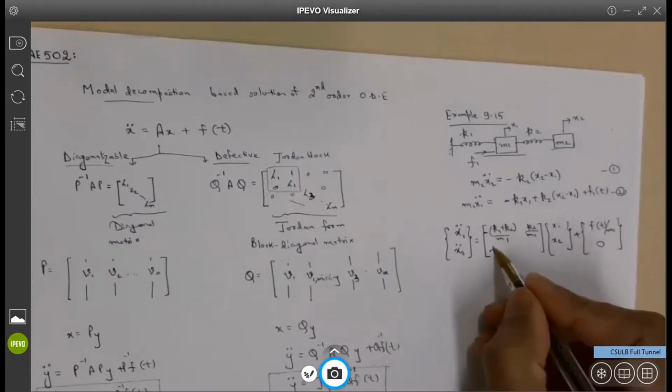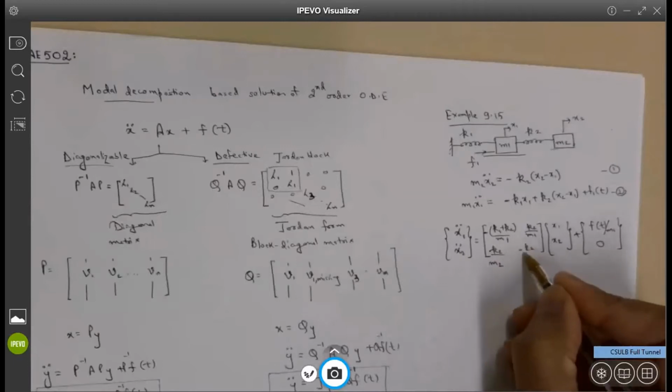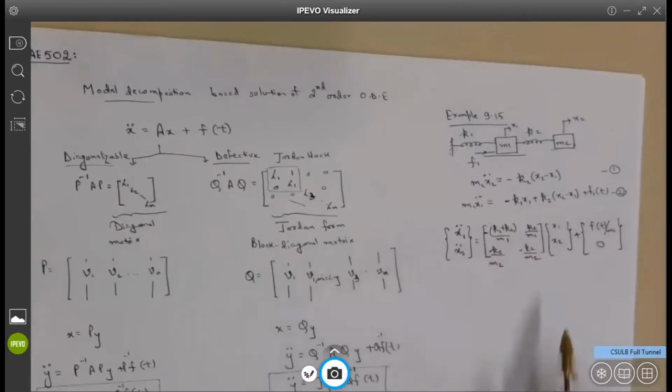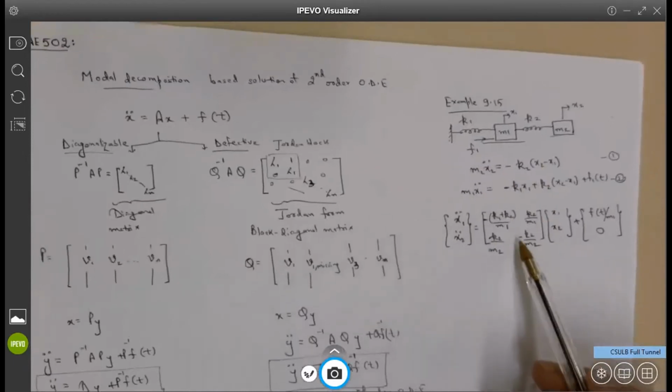And the second row has K2 divided by M2 and negative K2 divided by M2. So this is what we get if we arrange them in matrix form.